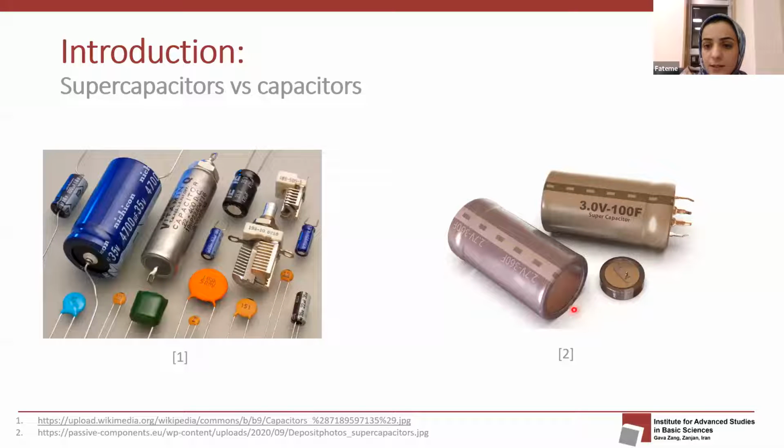While this is a supercapacitor, picture 2, whose capacity is 100 farad, and there is a big difference between them. In some cases, we have to change the battery. We have to choose supercapacitors instead of batteries.